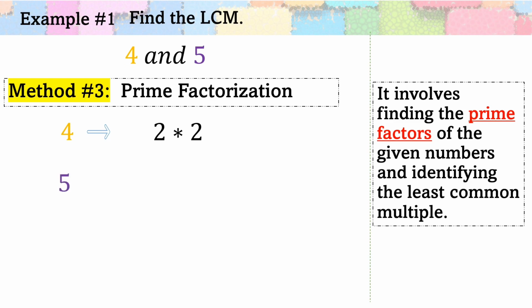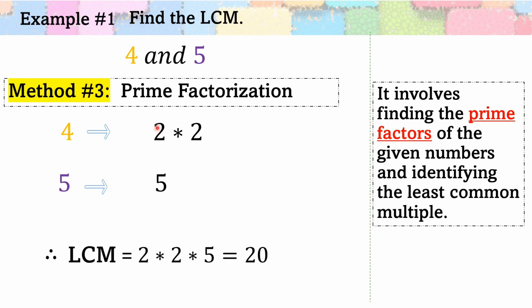For 5, there is only 5, because 1 is not a prime number, it's a factor of the prime. Therefore, the LCM is 2 times 2 times 5, which is equal to 20.